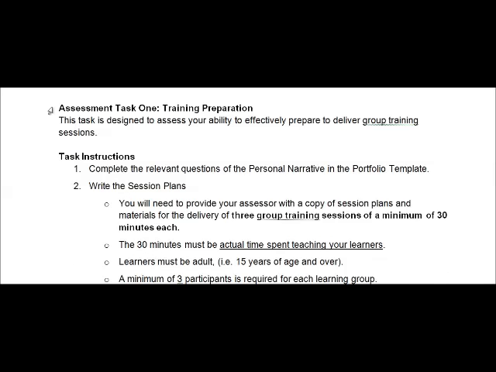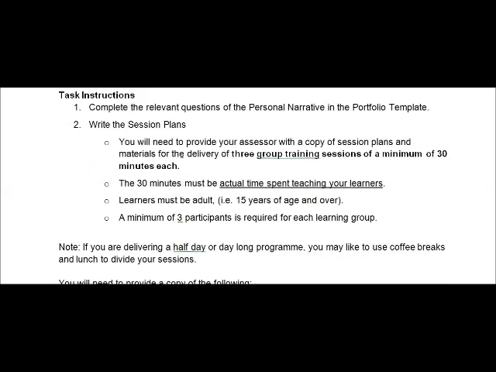So let's have a look at task 1, your training preparation. This task is designed to assess your ability to effectively prepare to deliver group training sessions. Remember, group is 3 or more. You need to complete the relevant questions and write session plans. You need to provide your assessor with a copy of the session plans for delivery of 3 group training sessions of at least 30 minutes teaching time per session. Note here the 30 minutes must be actual time spent teaching your learners.